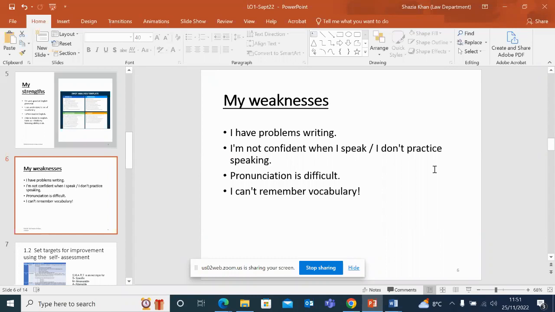Yeah, then I try to explain it, and then the listener will help me if she's better than me or if she's native. She said, "Oh, this one," and then I said, "Oh, yes, I knew that." Yes, yeah. I think you knew the word, but it just wouldn't come out.